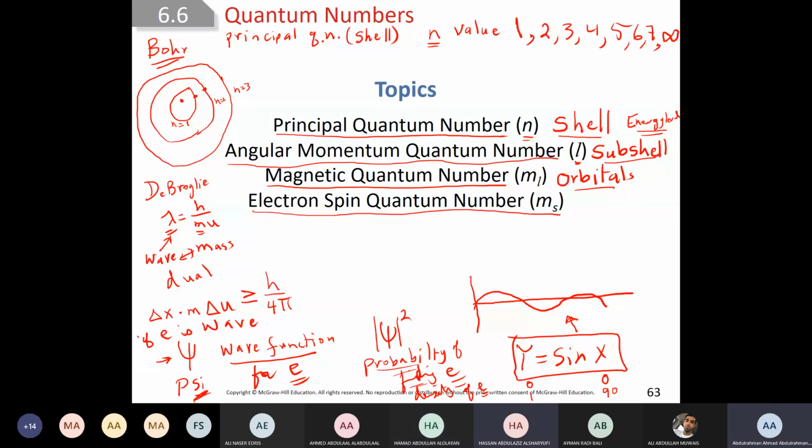Good. If x is 45, 1 over root 2. See, these are solutions for the wave equation.